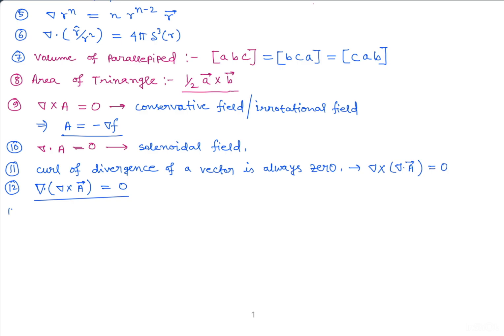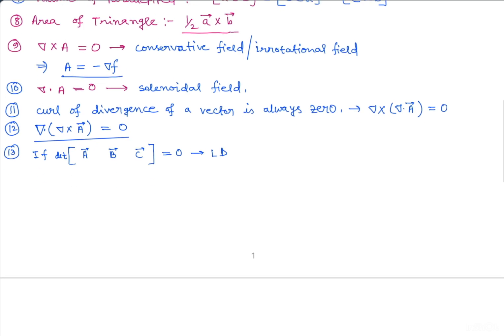Now we see the condition of linear dependence and independence. If the determinant of the three vectors A, B, C equals 0, then it is called linearly dependent.